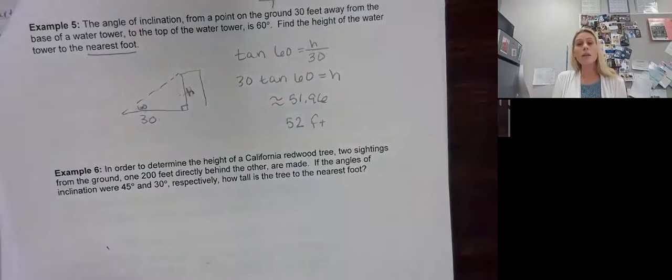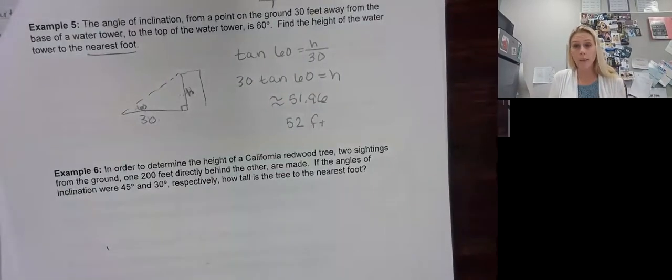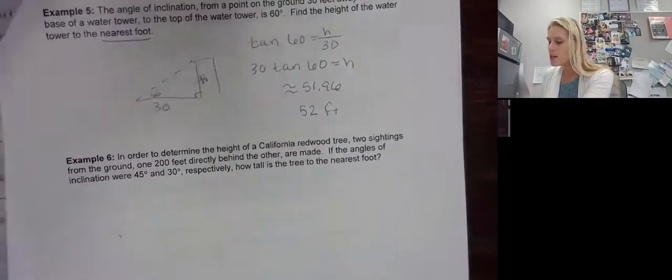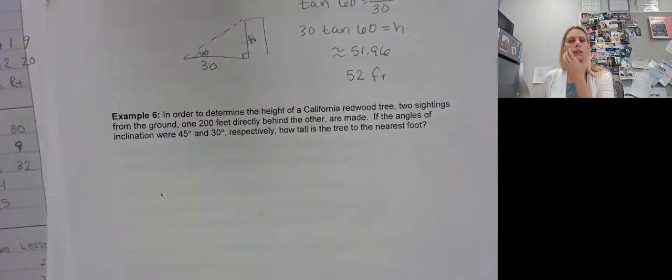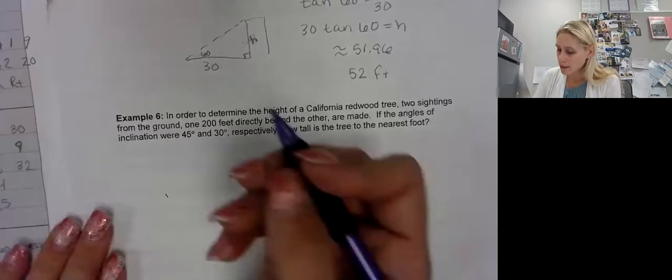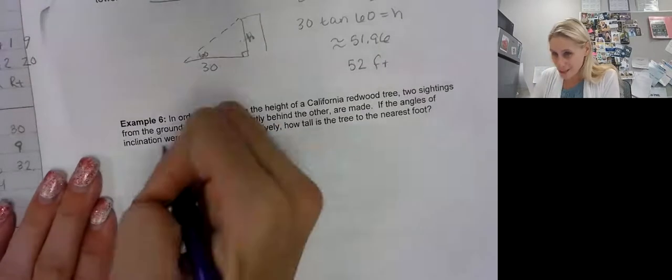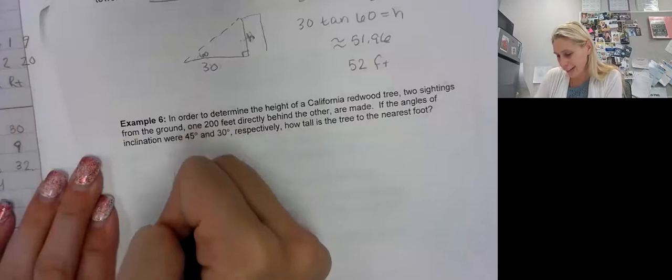All right, this one is going to be amazing for me to draw because it never comes out right. So bear with me. In order to determine the height of a California redwood tree, two sightings from the ground, one 200 feet directly behind the other are made. Okay, so here's my tree. I'm just going to draw a line for the tree, guys.